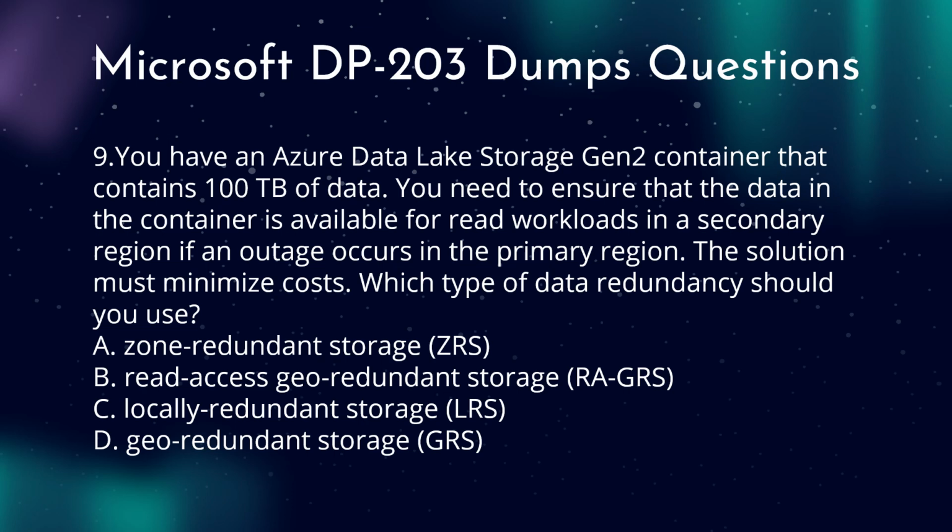Which type of data redundancy should you use? A. Zone-redundant storage, ZRS. B. Read-access geo-redundant storage, RA-GRS. C. Locally redundant storage, LRS. D. Geo-redundant storage, GRS.